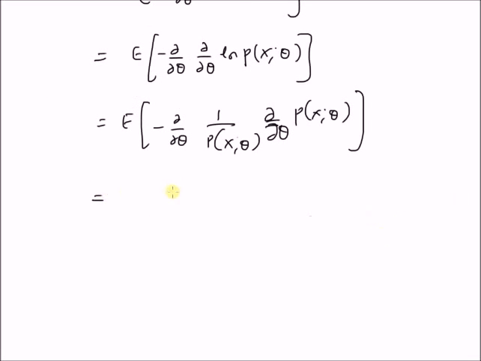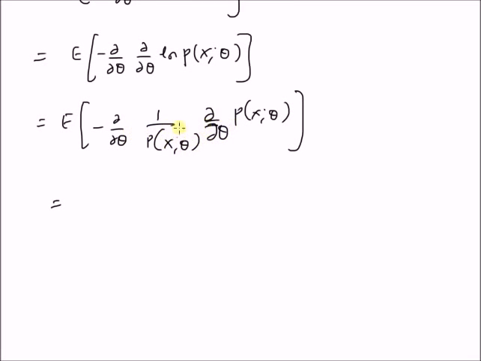Now, evaluating the next derivative, since we have two terms in the product, we have to use the formula for the derivative of the product of two functions. The first function is 1 by the likelihood function, and the second one is the derivative of the likelihood function.